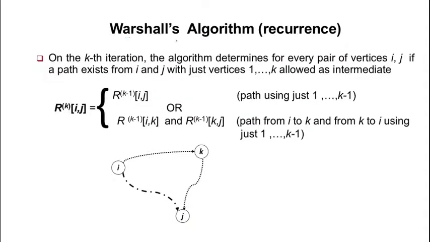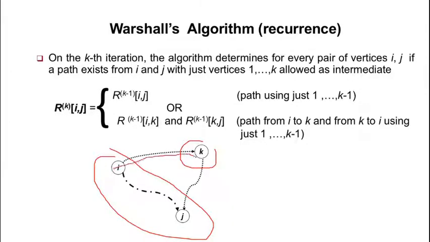This is a recurrence characterization. The algorithm determines for every pair of vertices i, j if a path exists from i to j which has vertices 1 to k allowed as intermediate. For example, for this pair i, j, there is a path that allows us to go from i to j by using k, or j to i also by using k.